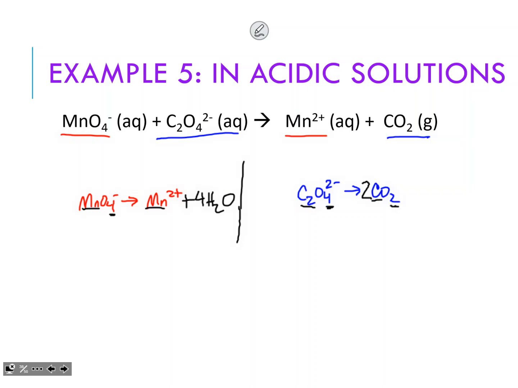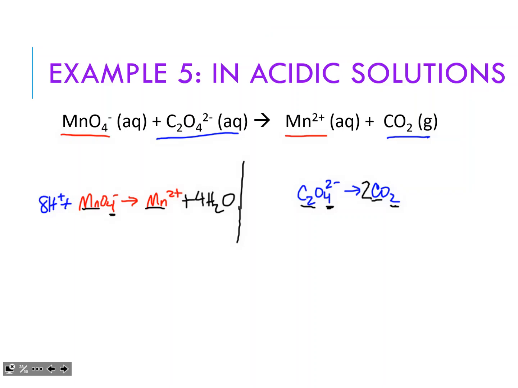Do we need to add water? No water needed to be added to that side. So that makes that a little easier. Now over on the left here, to balance our hydrogens, we need to add some hydrogens in. How many do we add? We need 8 hydrogens. Good. 8 hydrogens to balance the waters over there.